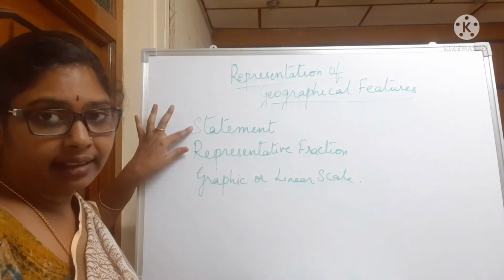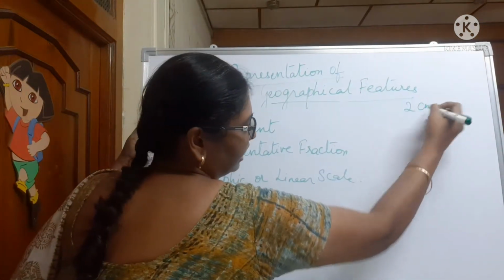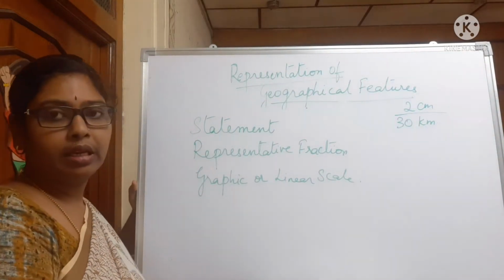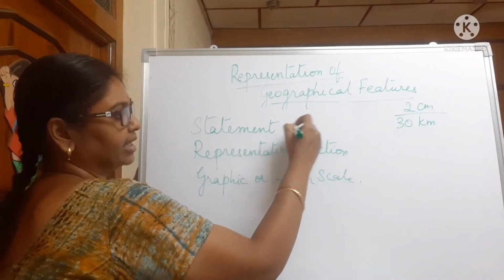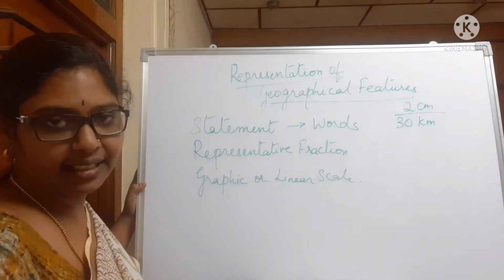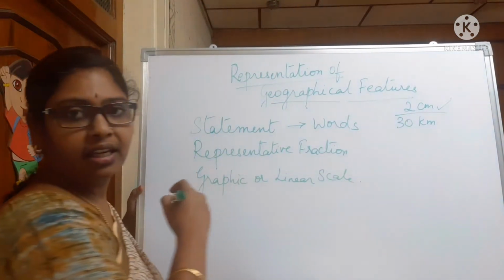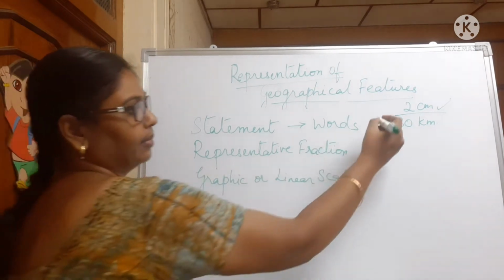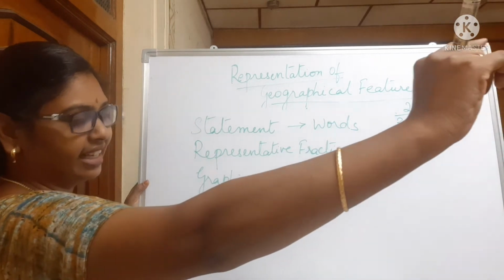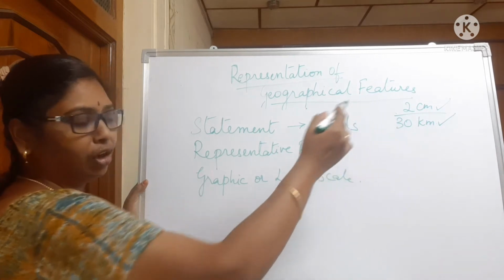In the statement method, take the previous example, 2 centimeters by 30 kilometers. This will be represented in the form of words, in the form of a sentence. All the time the numerator is map distance and the denominator is ground distance. We just write it in the form of a sentence: 2 centimeters on the map is equal to 30 kilometers on the ground.